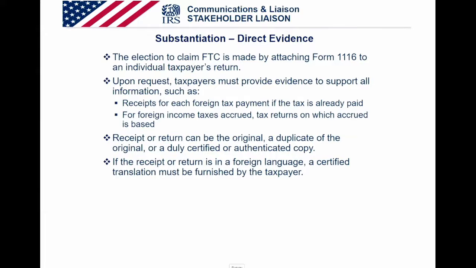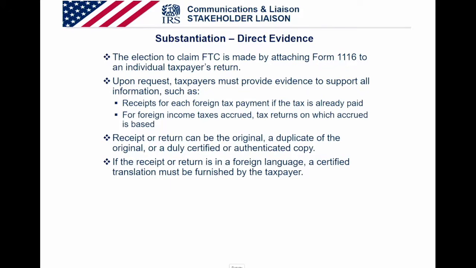So recall also we said earlier there is an exception to filing and attaching the Form 1116 if the FTC is less than $300 for a single taxpayer or $600 if the taxpayer is married filing jointly and other requirements are met, in which case the Form 1116 would not be required to be attached or filed. Now, if the taxpayer's FTC, for whatever reason, is under exam, what information must the taxpayer provide?